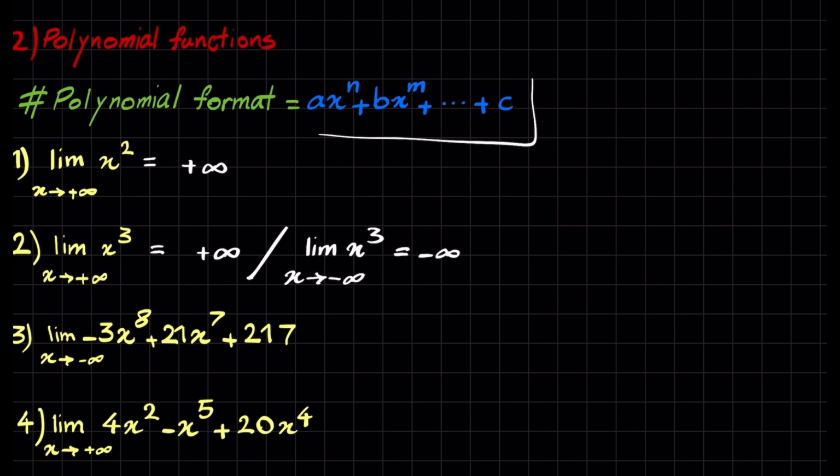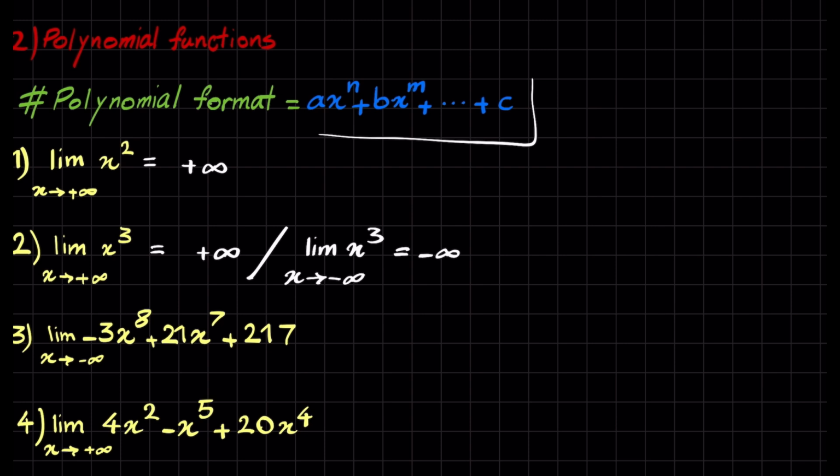For the third one, it's a bit more complex, but it's more like a polynomial format. It's longer. If we directly substitute negative infinity into the function, we might get confused, because we cannot guess whether it's positive or negative infinity.